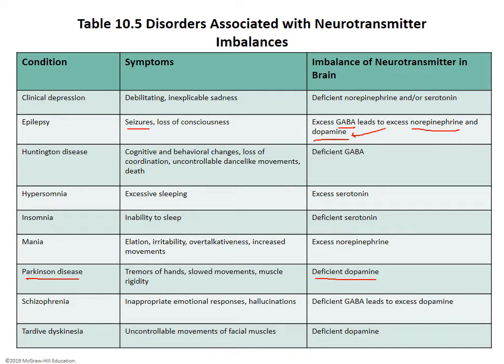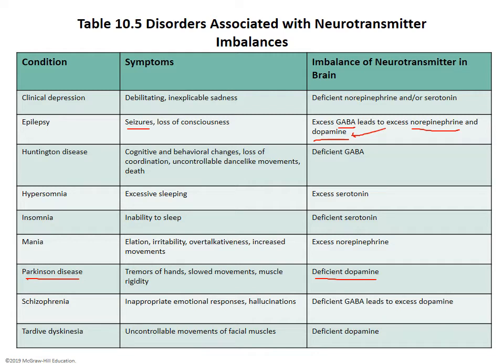The defining symptom of Parkinson's is irregular movements. There's a lot of what we call resting tremors. And a seizure is not a resting tremor. It is a complete spasm. So instead of intermittent, it is just one big one. And that's a kind of an excess of dopamine.